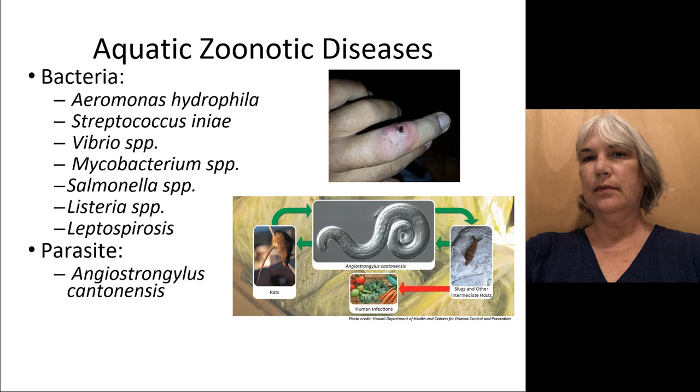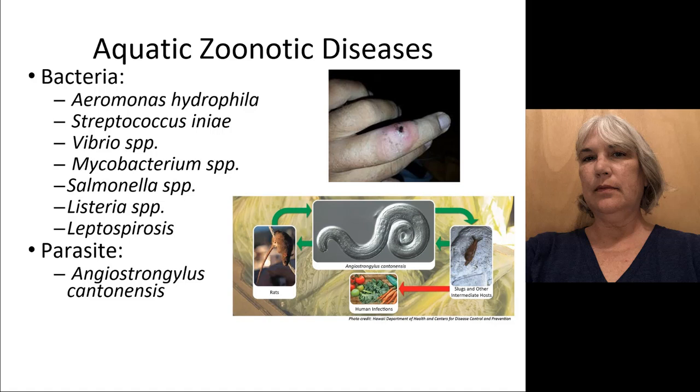Like I said, we're interested in what fish diseases can be zoonotic and infect humans. There are several bacteria that are actually ubiquitous in the environment, in the water, in the soil. But generally they don't affect humans unless they're immunocompromised or maybe elderly.